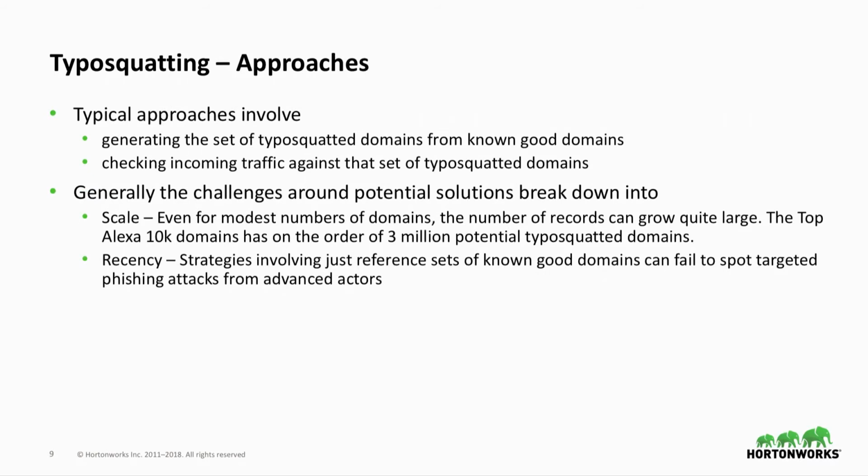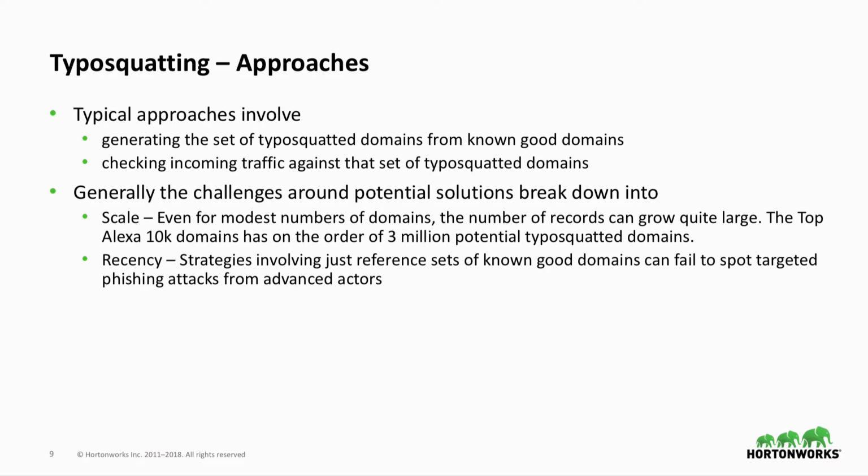So the general approaches to figuring this out in most SIMs, it seems, are generating a set of typosquatted domains for known good domains. The trick about this is figuring out what known good domains are. So for our purposes, we'll consider the major domains that one goes to, like the Alexa 10,000 or OpenDNS has a list. You can get lists of major domains that are quite popular that you want to use. That works quite well for phishing attacks, things like that, especially if you bias it toward banks and stuff like that.